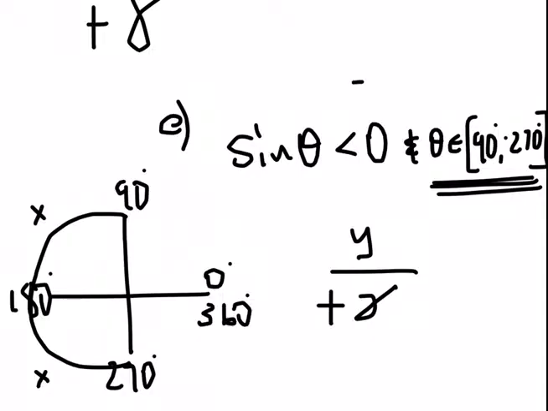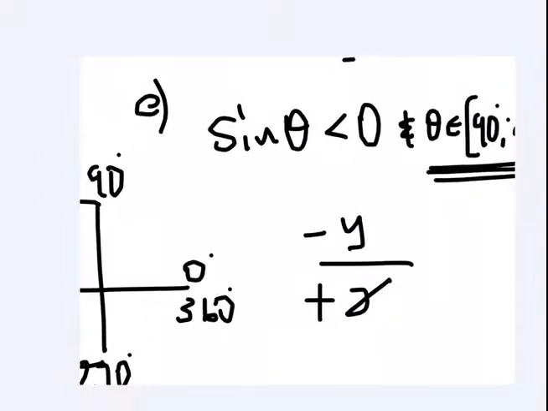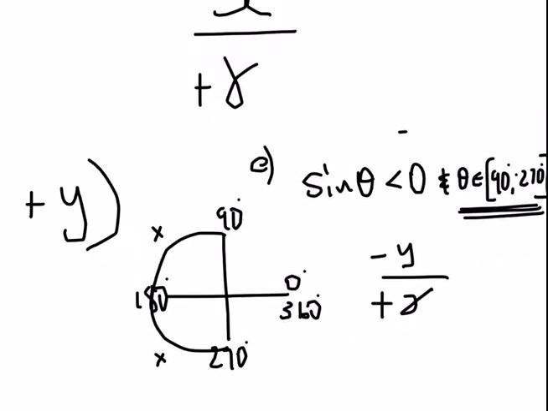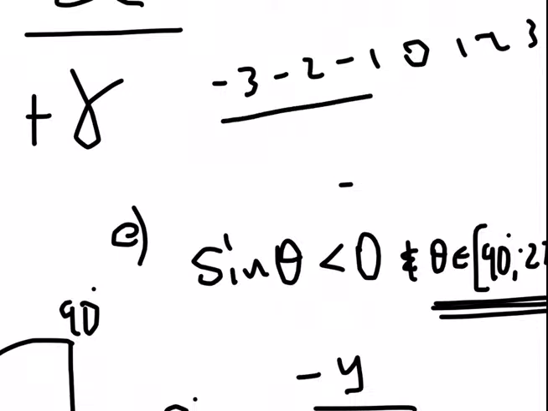That means you need a ratio whereby y will definitely be negative, because a negative number over a positive number gives a number which is less than 0. You remember the number line: we have negative 3, negative 2, negative 1, and then you have 0, and then positive 1, 2, 3. Same principle. All the values on this side are less than 0.